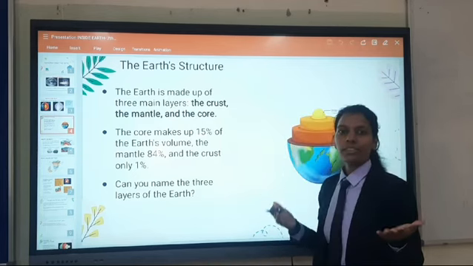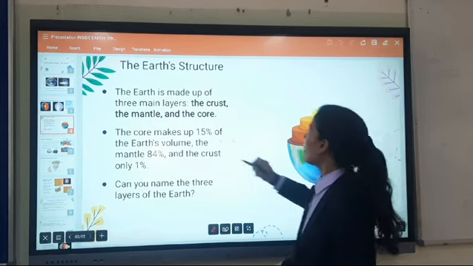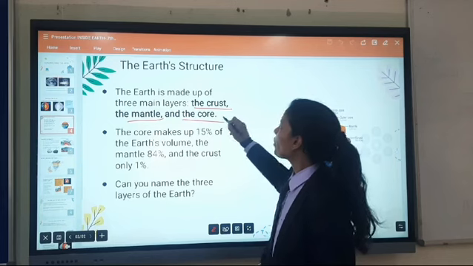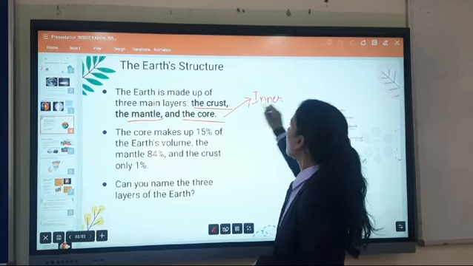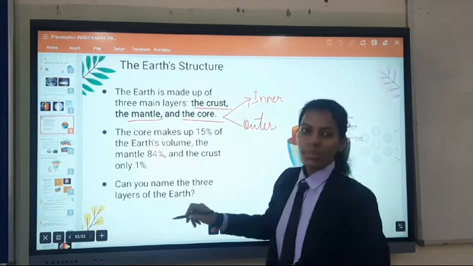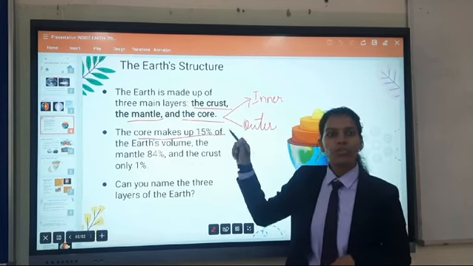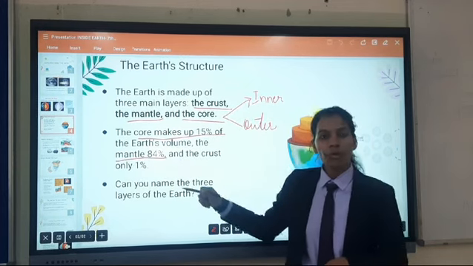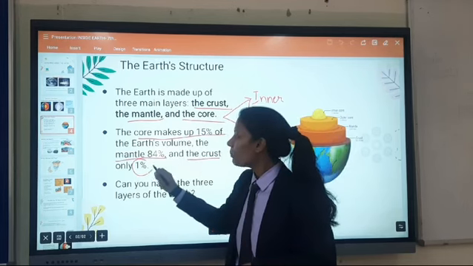So what we have started with, there are three layers of the earth. You can see here, the crust, the mantle and the core, and the core is further divided into inner core and outer core. The core makes up around 15% of the earth's volume, the mantle makes up around 84% of the earth's volume, and the crust is only 1%.